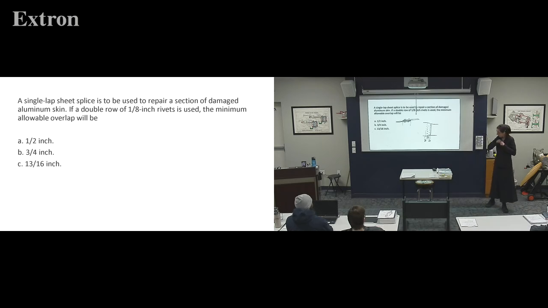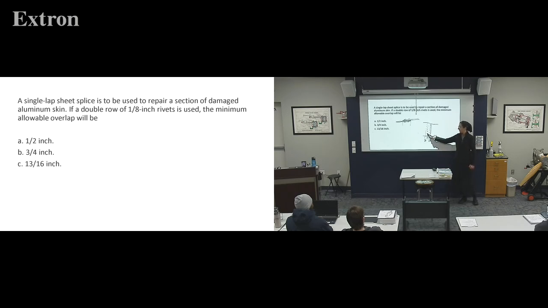If you want to look at previous lectures for the whole explanation: because we're staggering them, we can bring the rows closer, and if you work through the math, the absolute minimum, which is stated in the textbook, because AC 43.13 just expects you to figure out all the math stuff.